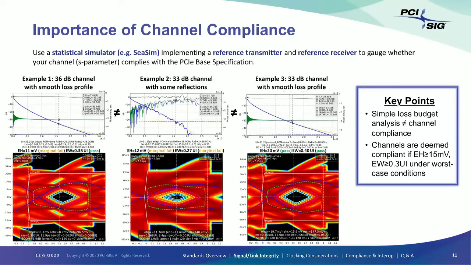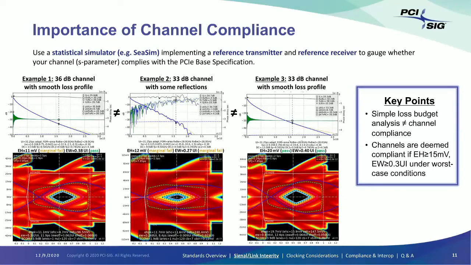Now, if you take another channel in the middle, which only has 33 dB loss at Nyquist, except this channel also has some reflections, some disturbances in the insertion loss profile. Interestingly, this channel has a much smaller I. It fails both on the height and the width requirement, even though it has 3 dB less loss at the Nyquist frequency.